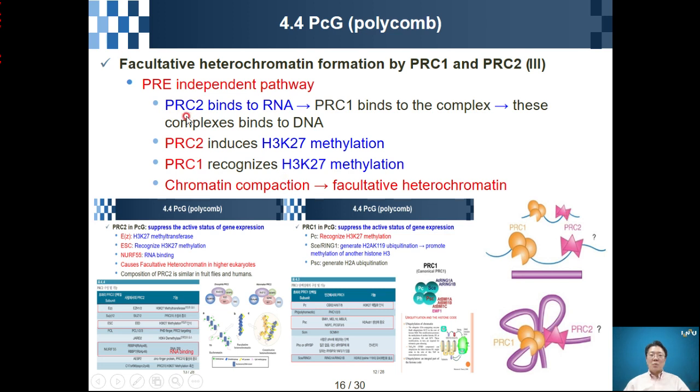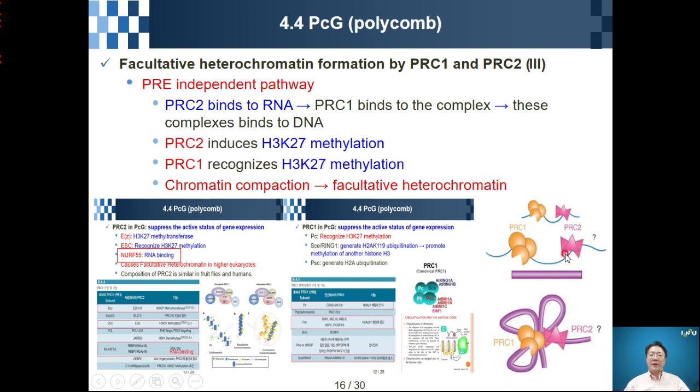Why can PRC2 bind to RNA? Because PRC2 has the NURF55 protein, whose main function is RNA binding. So PRC2 binds to the non-coding RNA.